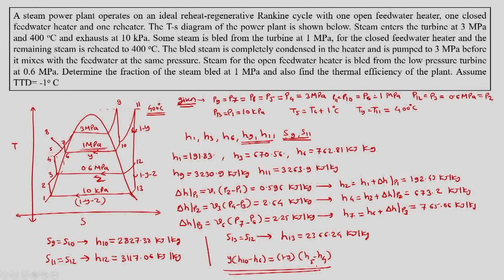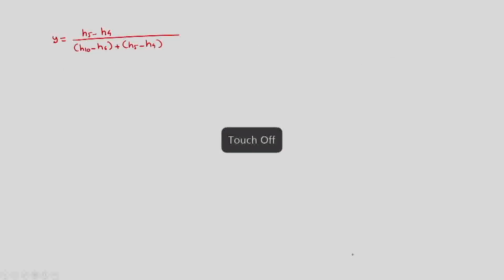So this is the energy balance. With this formula for Y, we can put all enthalpies and get Y as 0.0424.